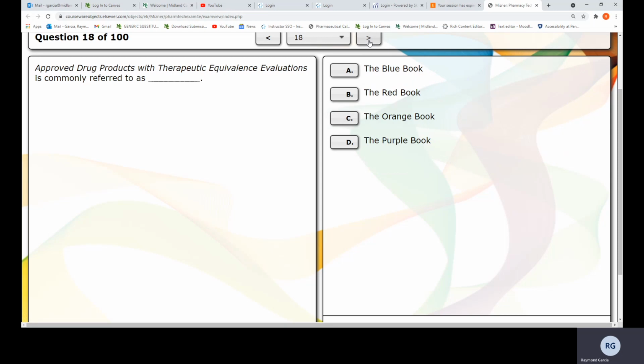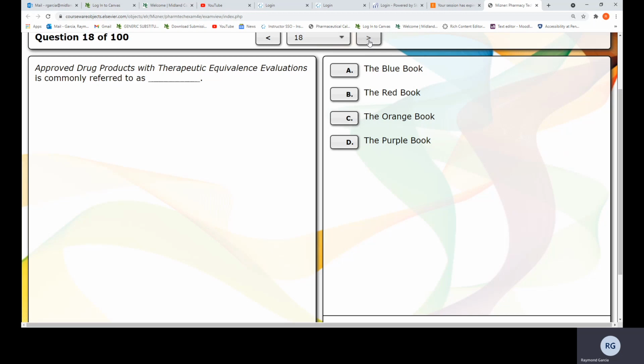approved drug products with therapeutic equivalent evaluations is commonly referred to as approved drug products with therapeutic equivalent evaluations. Never heard of the blue book or the purple.